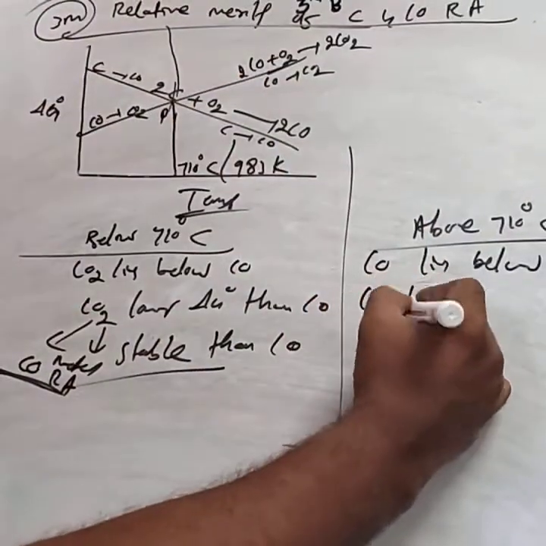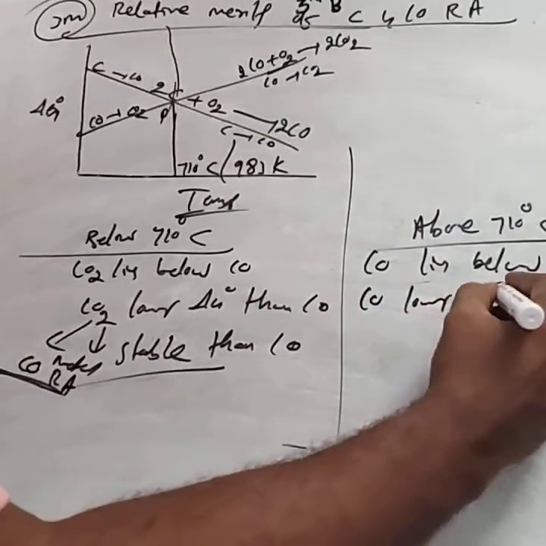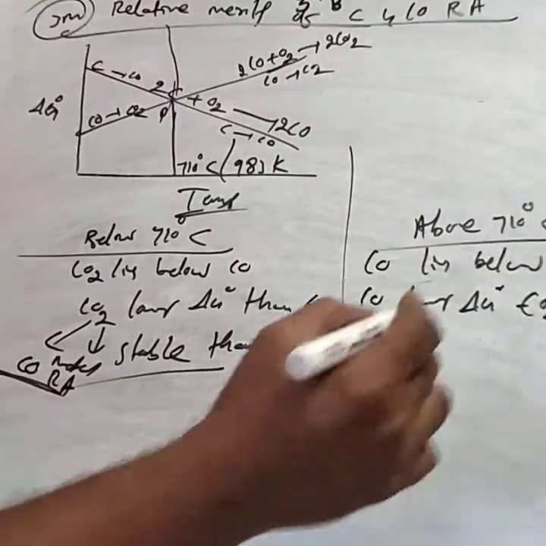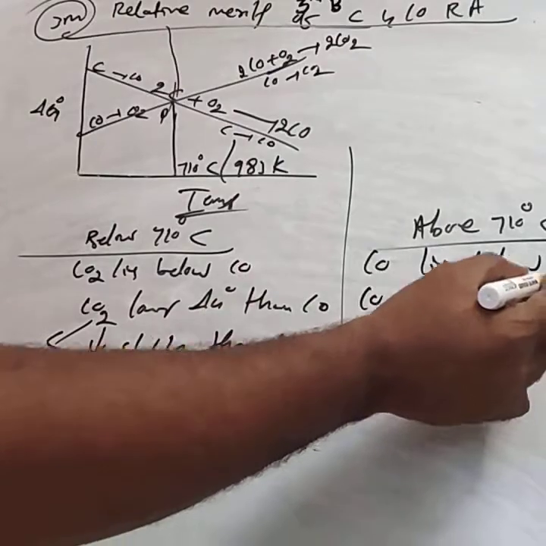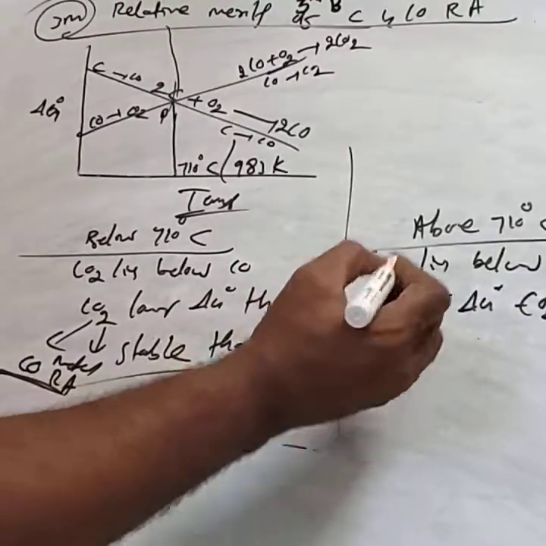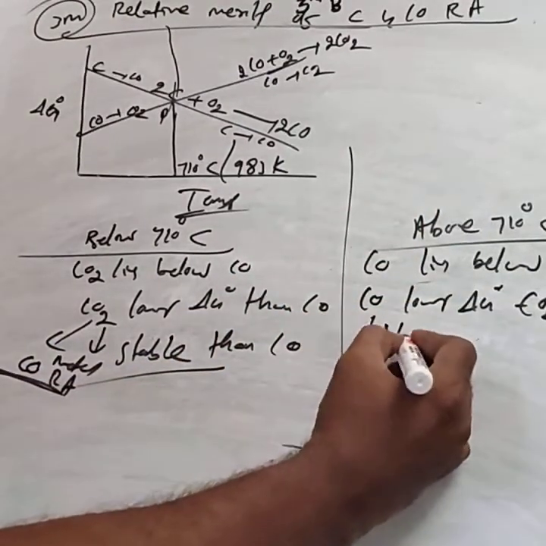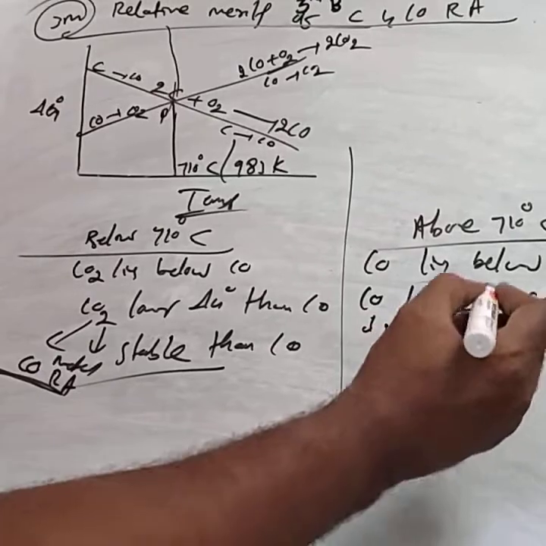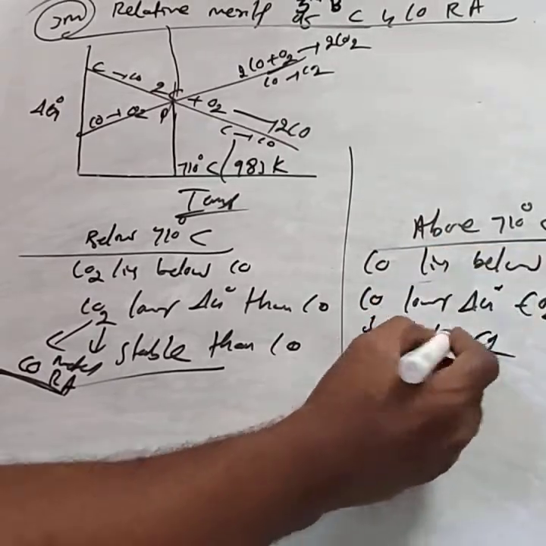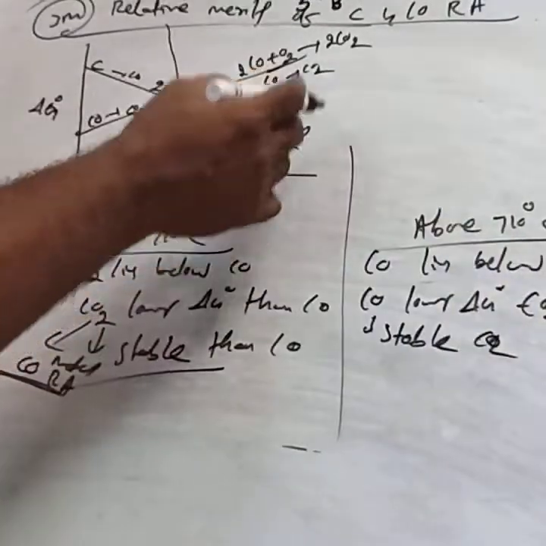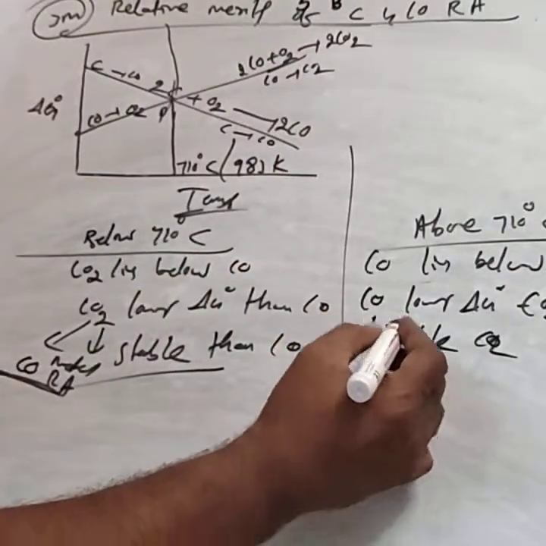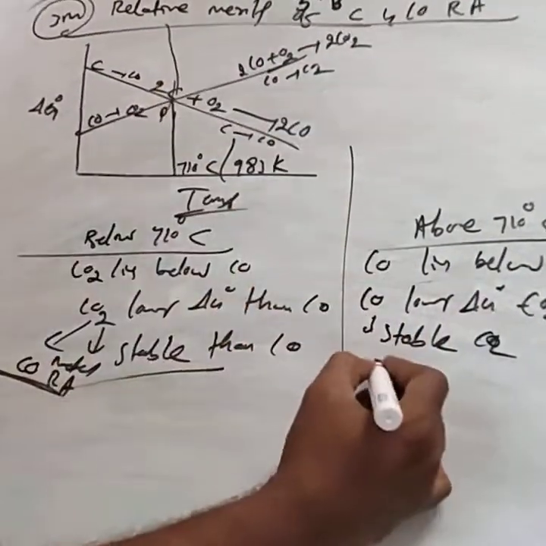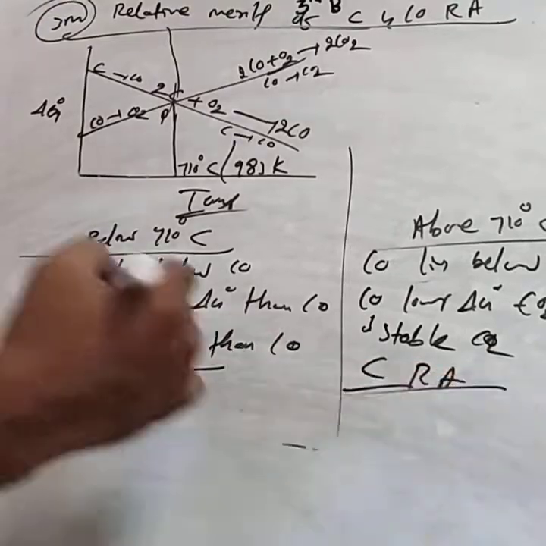CO has a lower delta G naught than CO2, which means CO is more stable than CO2. If CO is more stable, then the metal is reduced by C. C acts as a reducing agent.